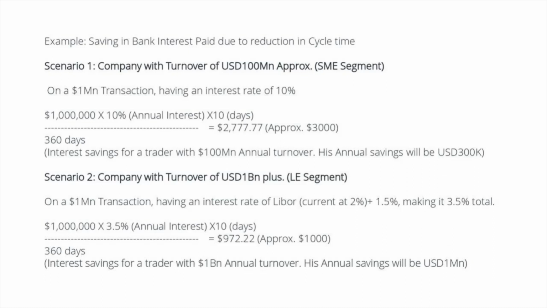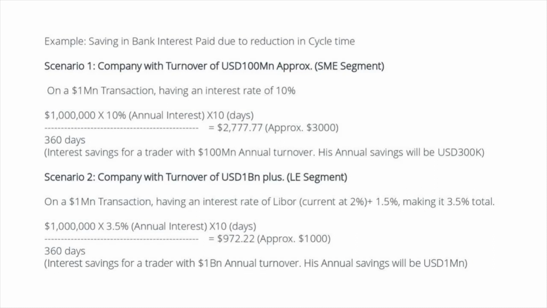So 1 million multiplied by 10% annual interest, divided by the banking number of days, 360, multiplied by the 10 days that they save, amounts to approximately $3,000 for a transaction value of 1 million. Now, interest saving for a trader with 100 million annual turnover, his annual savings, just with the reduction in cycle time, is about 300,000 US dollars.